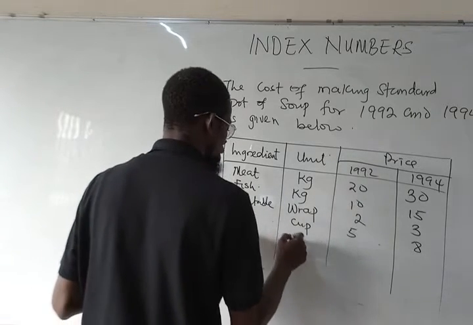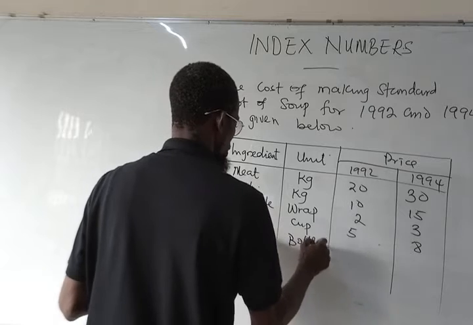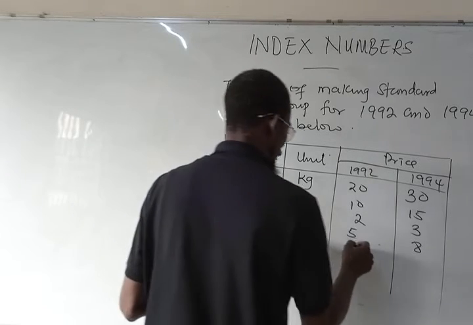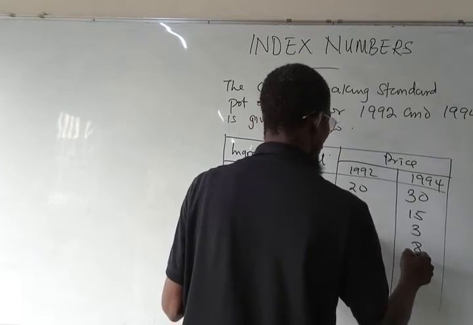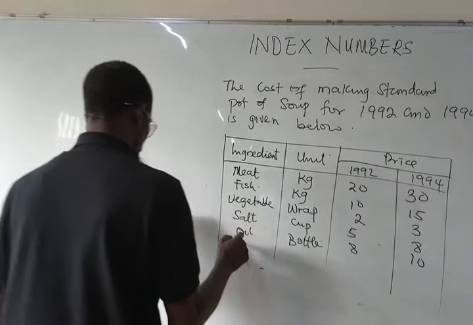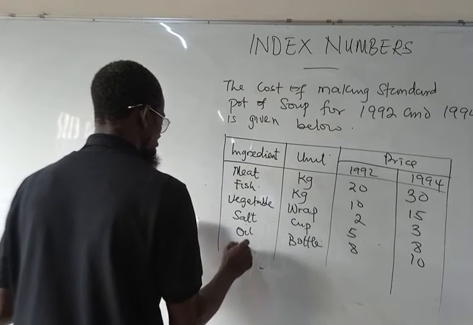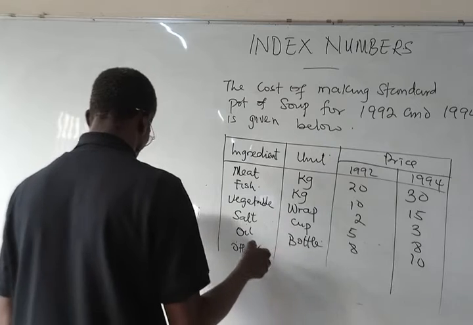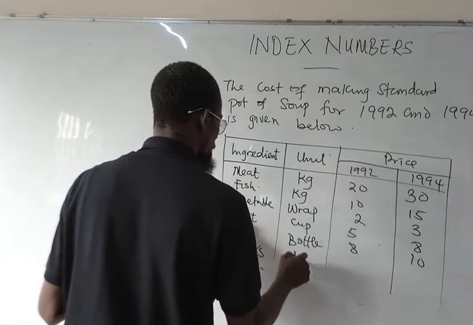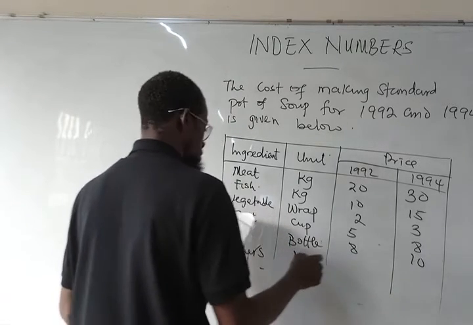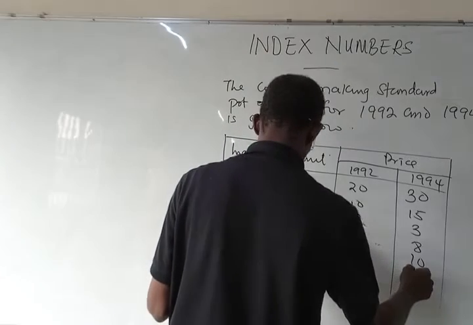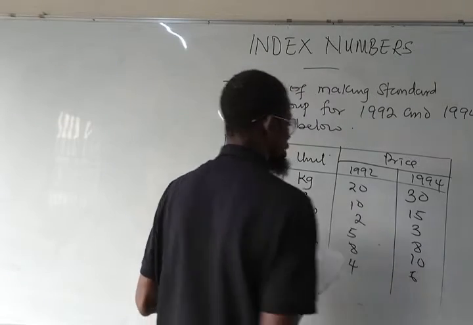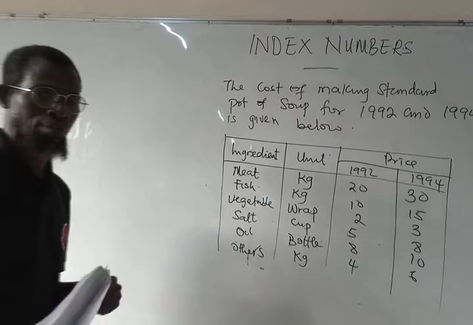They sold this in bottles at the rate of 8 naira and this costs 10 naira. Then we have others, maybe Maggi and other things of your choice. It's also measured in kilogram. So let's say we bought some at 4 naira and this one is 6 naira.